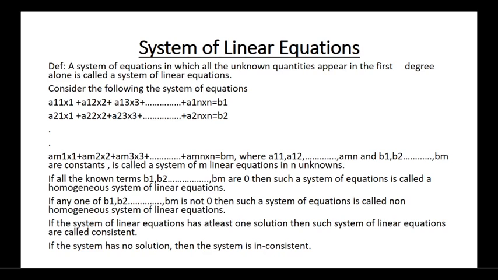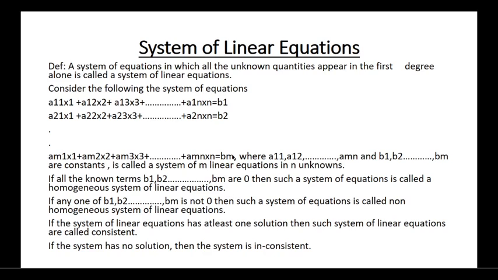Whenever all right hand side constants are 0, that means in any linear equation only variables appear, with constant into variable plus constant into variable, like that. No constant appears separately. All right hand side constants alone will be 0. Then such a system of equations is known as a homogeneous system of linear equations.